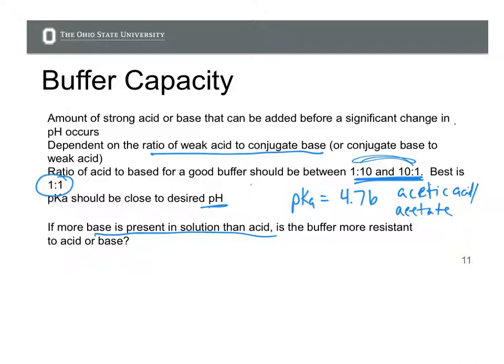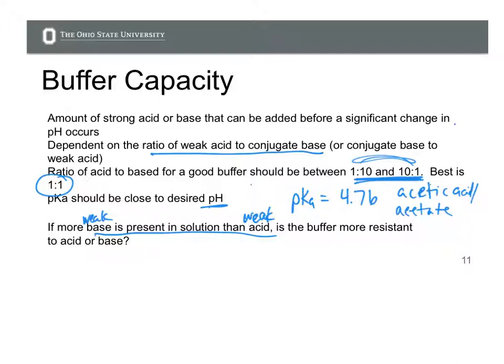So you've got more weak base in solution than weak acid.